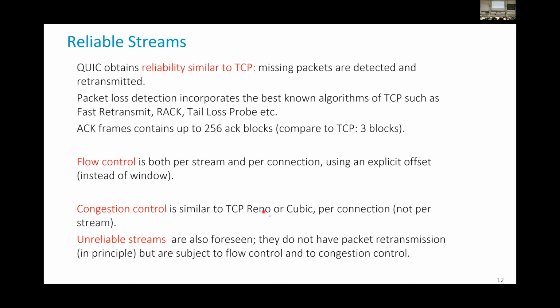Congestion control, in contrast, is per connection, which makes sense. If I'm transferring 10 objects in parallel, what matters for congestion control is the fairness and stability of the internet. So here we treat a flow as a connection. Apart from that, it is exactly the same as TCP, so all possible variants exist. The original QUIC was doing TCP New Reno, because the people who designed QUIC said, let's be safe, we're doing something radically new, so let's use the oldest version of TCP that worked reasonably well.